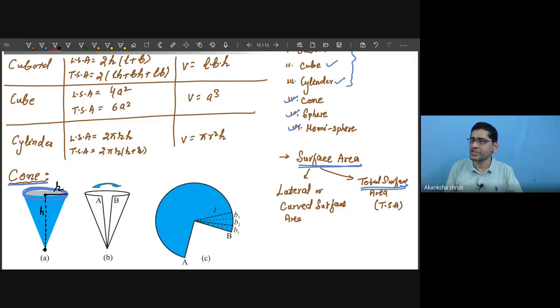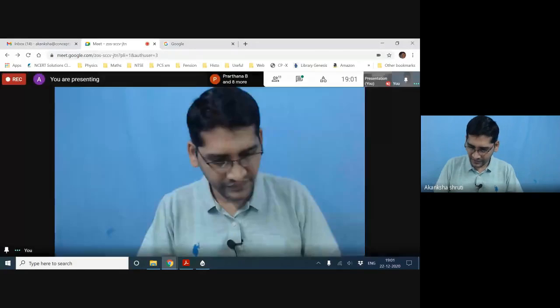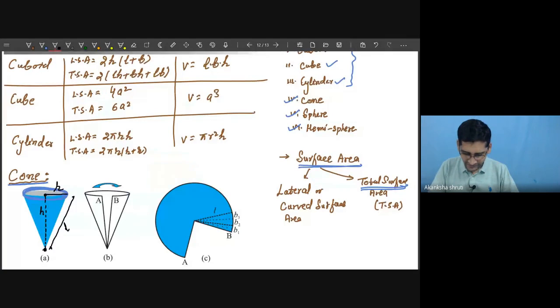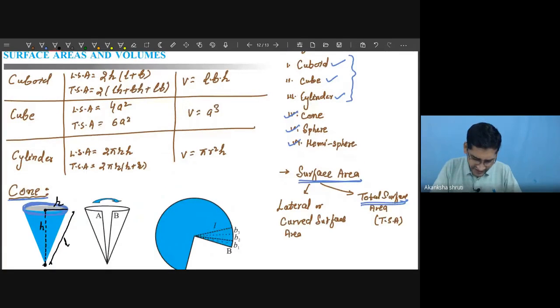The radius is almost 0. So this length from the apex to the base is called the slant length. This slant length can be calculated by knowing the height h and radius r of this cone. So there is a relation that we have to keep in mind.